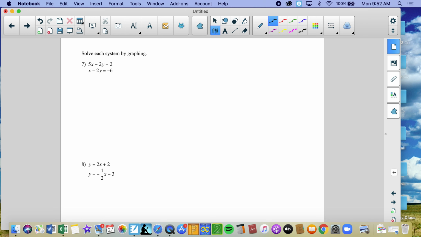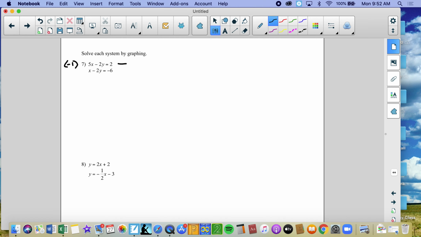There's a fair number of different ways. I'm going to use multiplying. I'm going to multiply this by -1. We want to cancel either the x variable or the y variable through addition. You could have subtracted, but I think subtraction is more complicated.